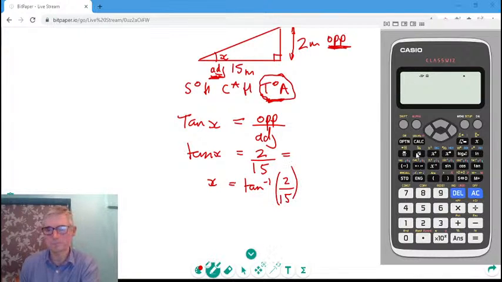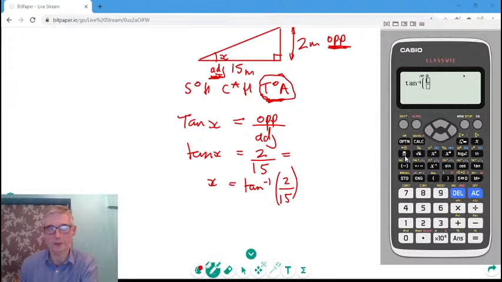To get that, I've got to go shift and then tan. That gives me, in orange on my calculator, tan minus 1. As I say, you may have a different model of calculator, but I'm sure you'll have to press shift, or second function is another thing, to get the tan minus 1.